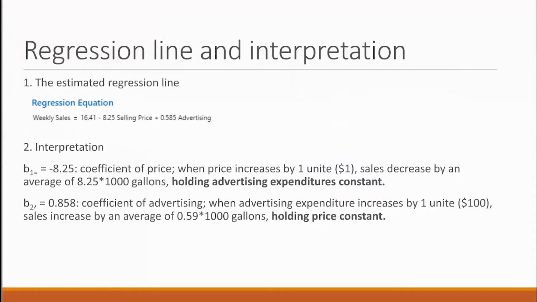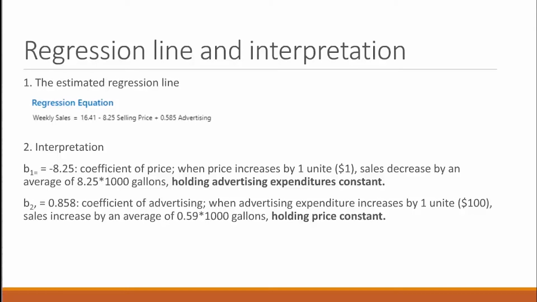Okay, so let's start from number 1, the equation and interpretation of the coefficients. So here's the regression line. It says weekly sales is equal to 16.41 minus 8.25 times the selling price plus 0.585 times the advertising.